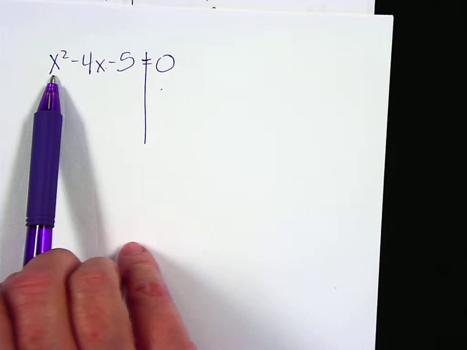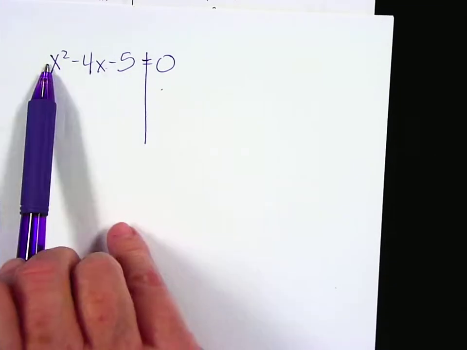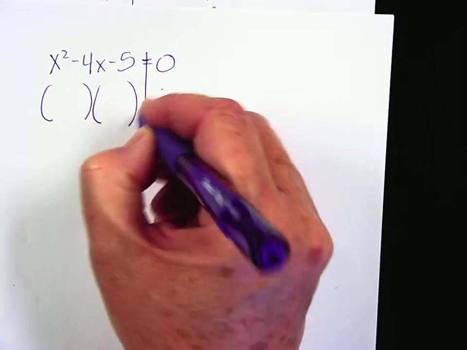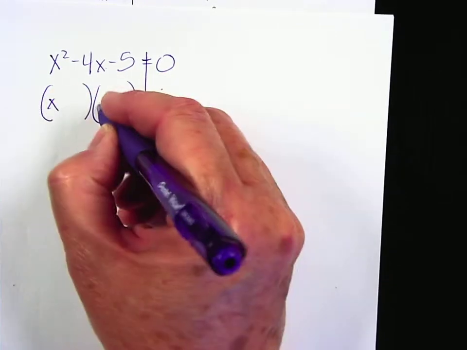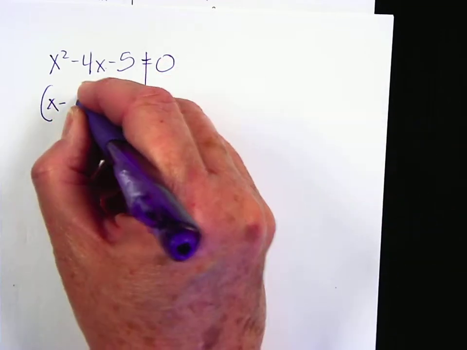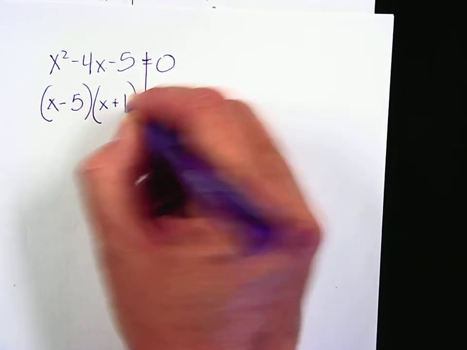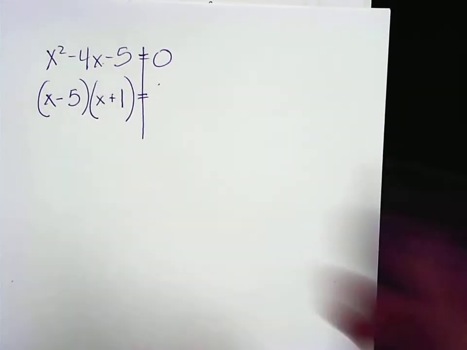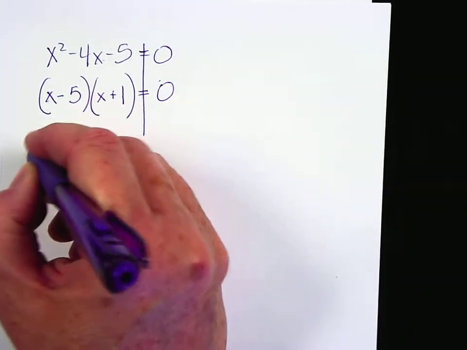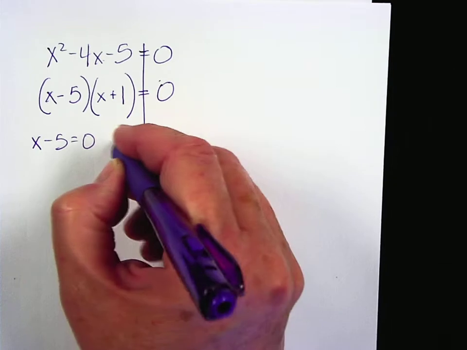No GCF. No special cases. Leading coefficient is 1. If I do X-man, I get, let's see, I need a negative 5 and a 1. So it's negative 5 times 1 is negative 5, and negative 5 plus 1 is negative 4. That still equals 0. Set each factor containing a variable equal to 0.